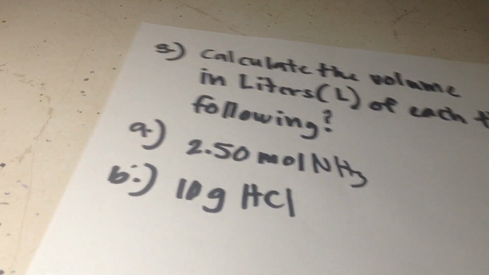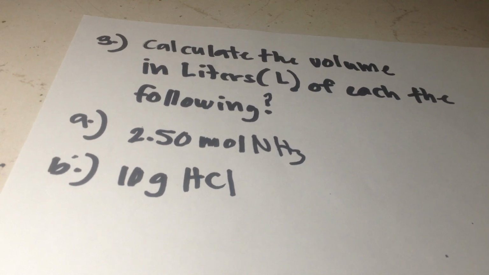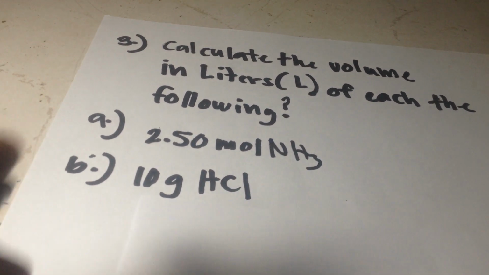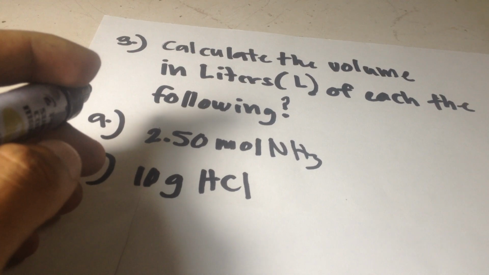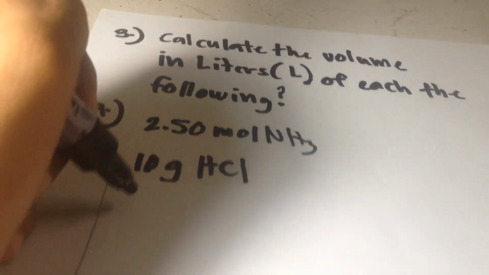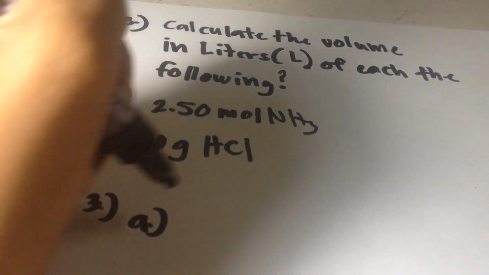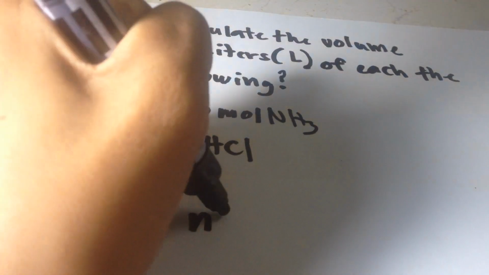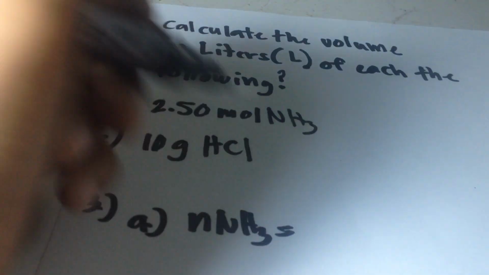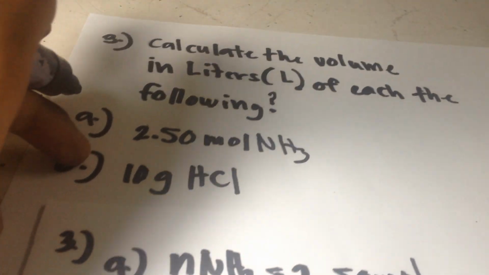Problem number 3, calculate the volume in liters of each of the following. So we need to calculate the volume. In letter A, we have the number of moles of ammonia equal to 2.5 moles. And then we need to calculate the volume.